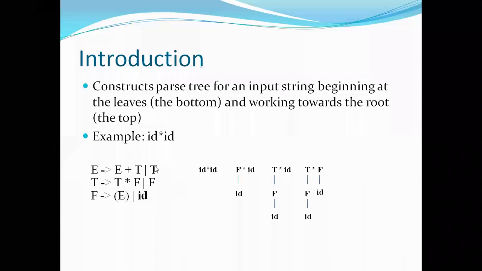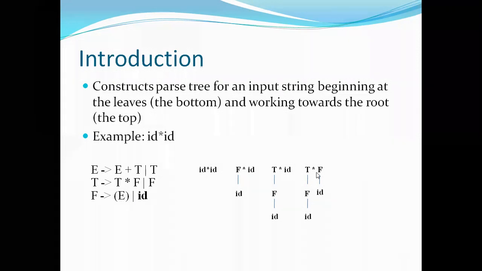Yes, we have E. So if T is replaced with E and F is replaced with T, we get E star F. Is there any production E star F on the right-hand side? No, so that is not a correct assumption.